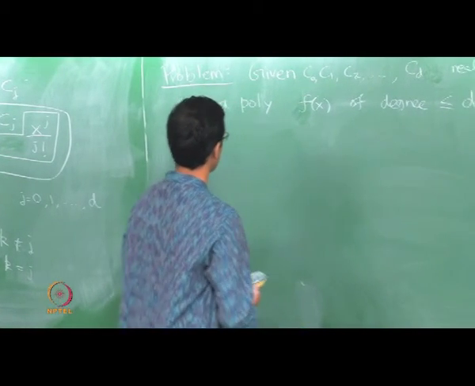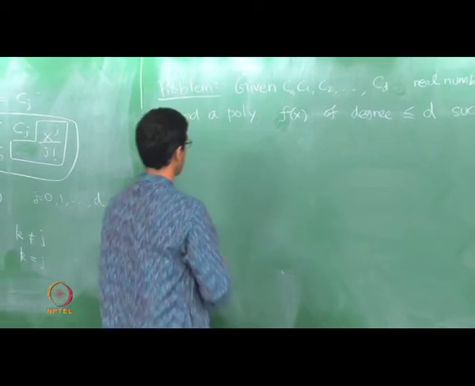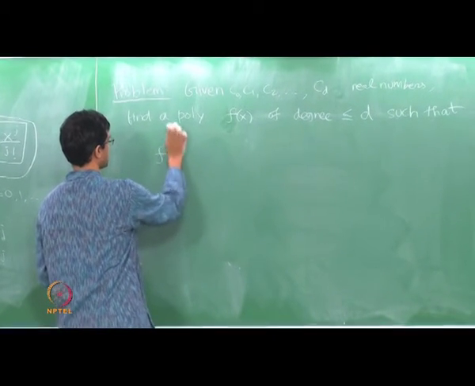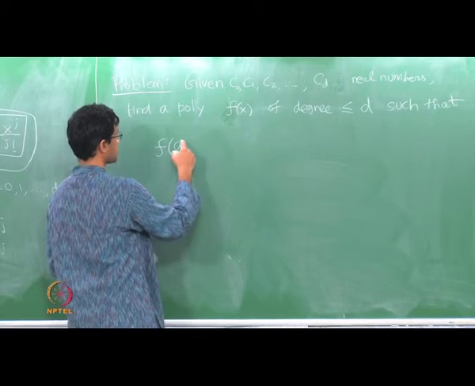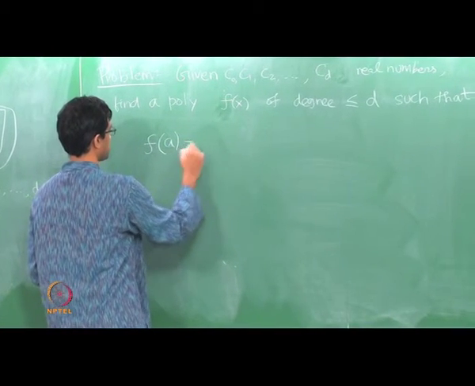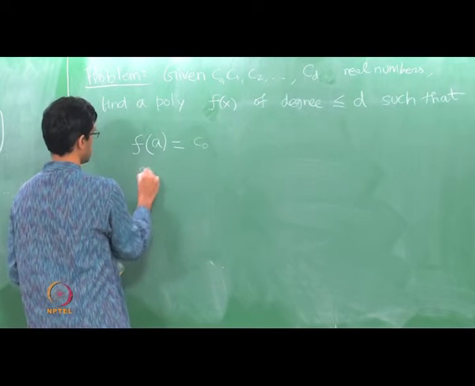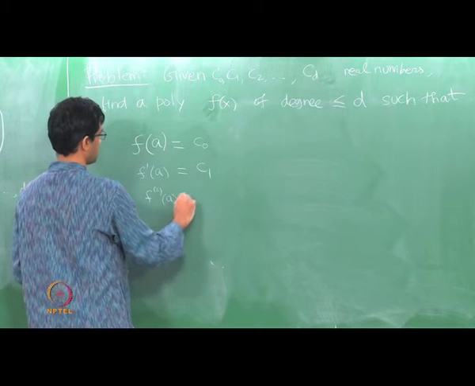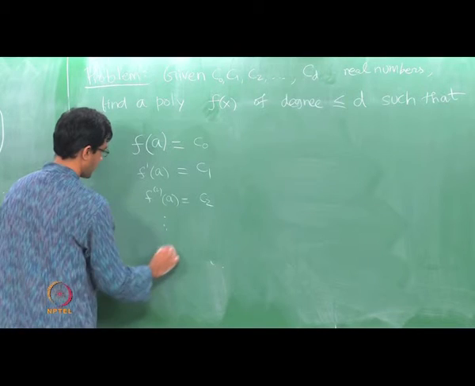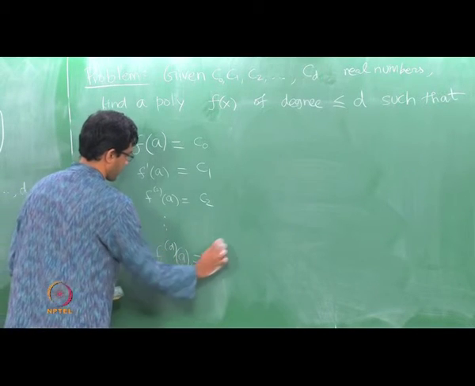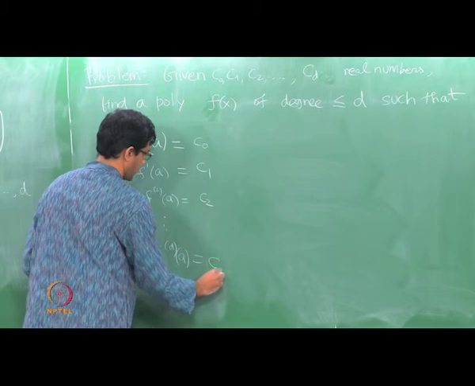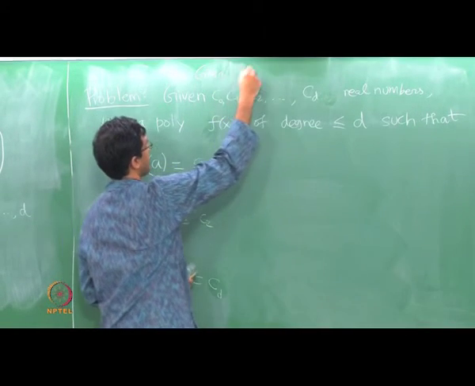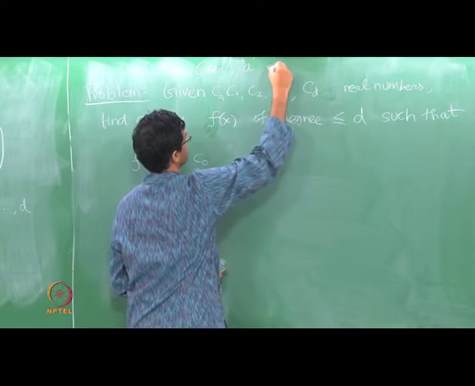Suppose you are given d real numbers, and you want to find a polynomial f of x of degree at most d with the following property: the evaluation of f at a gives you c0, the first derivative at a gives you c1, the second derivative at a gives you c2, and so on till the dth derivative at a gives you the number cd, where a is also some given real number.